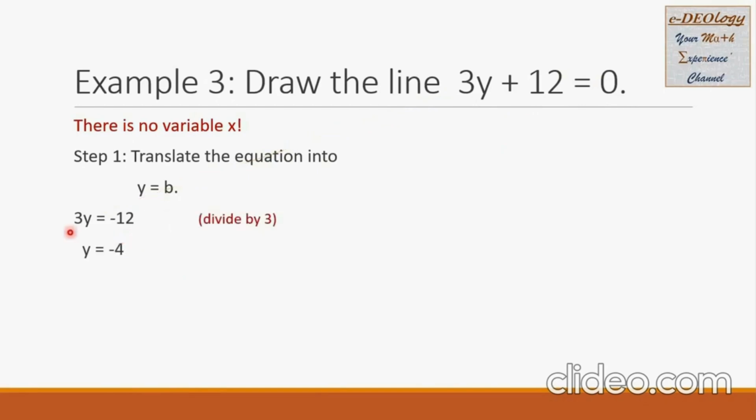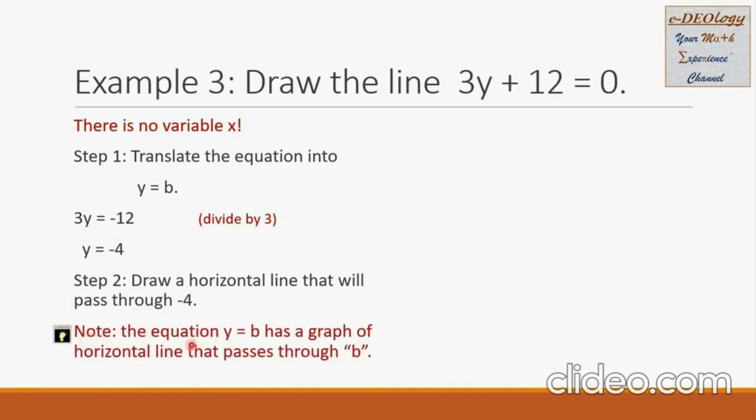Then we will divide this equation by 3 so that the coefficient of y here becomes 1. On the next line, we have now y equals negative 4. In step 2, draw a horizontal line that will pass through negative 4.